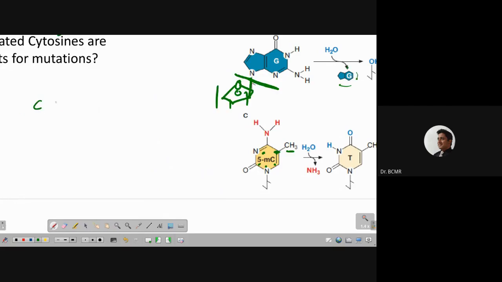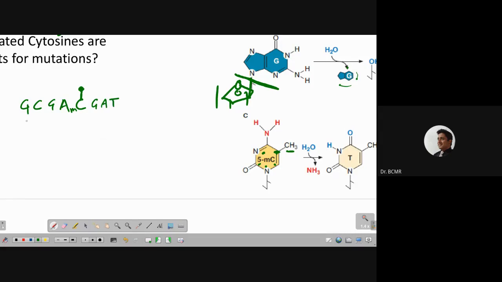C, G, G, C, G, A, C, and this is MC, that is methylated C. Okay, I'll just put it as this one, and G, A, T. I hope it is clear.